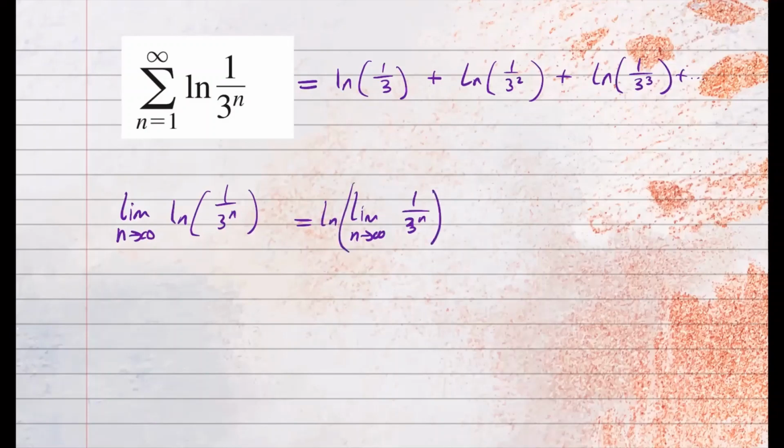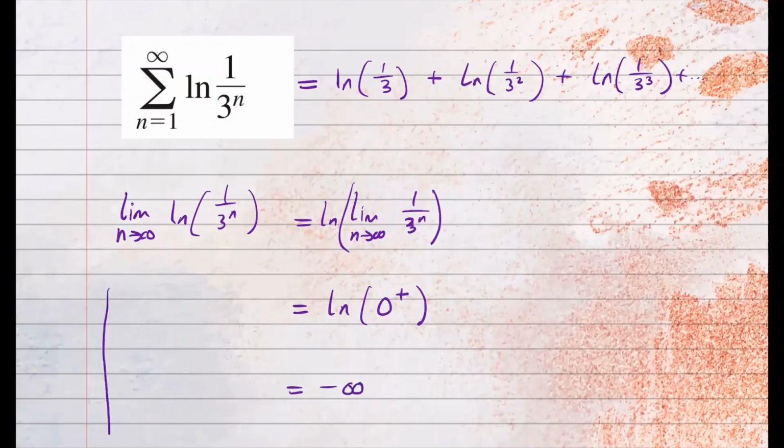Now, what's happening here as n gets larger? That looks like it becomes very small, because 3 to the n power is very large, and 1 over that is going to be very small. But since we cannot evaluate ln at 0, I'm going to write this as ln of 0 from the right. So it's a positive but small number.